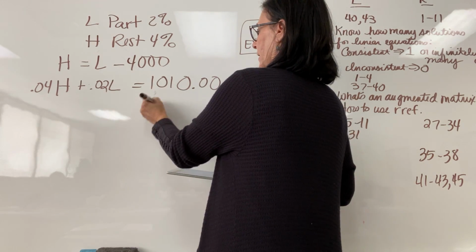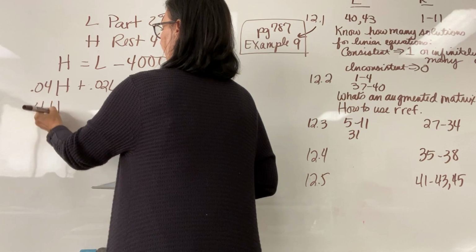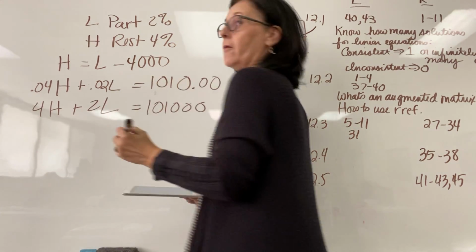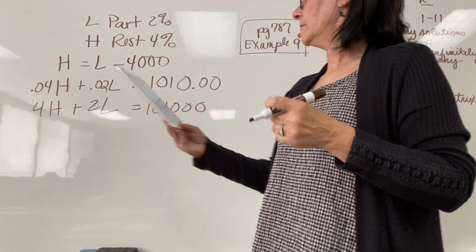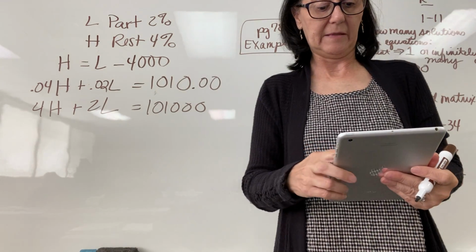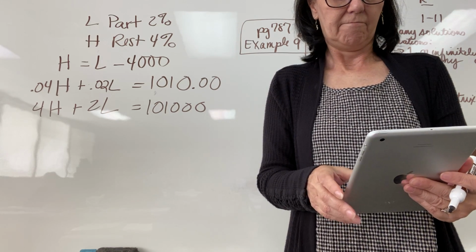Yes, it would be 101000 equals 4H plus 2L. And then for H, I would substitute in L minus 4,000. That to me seems like the easiest.